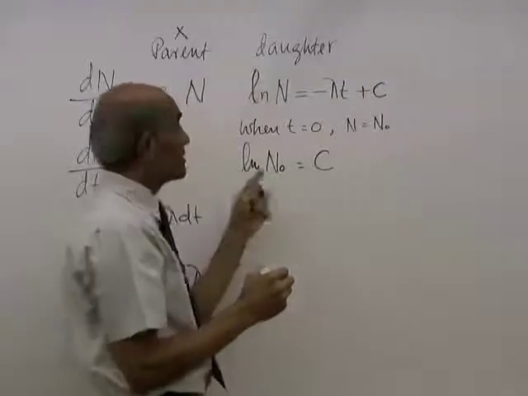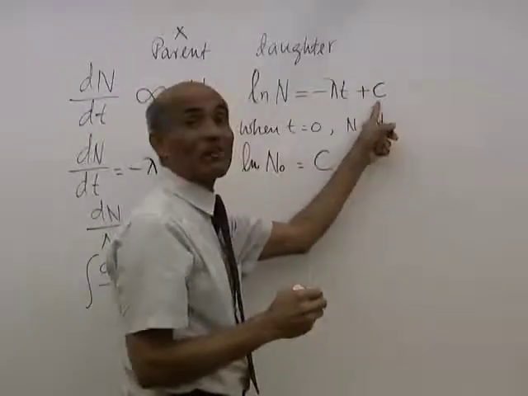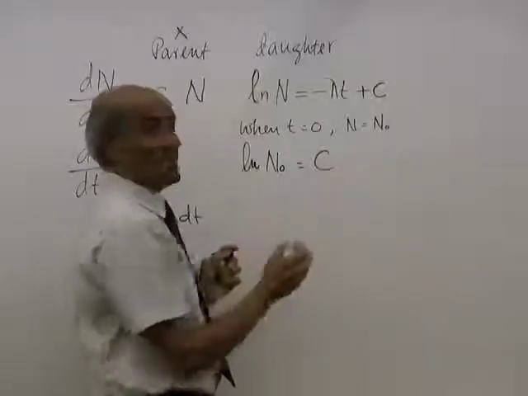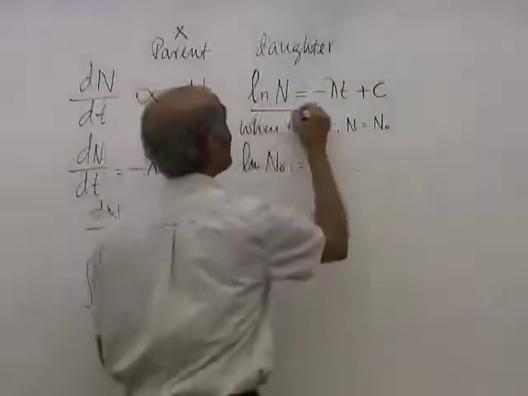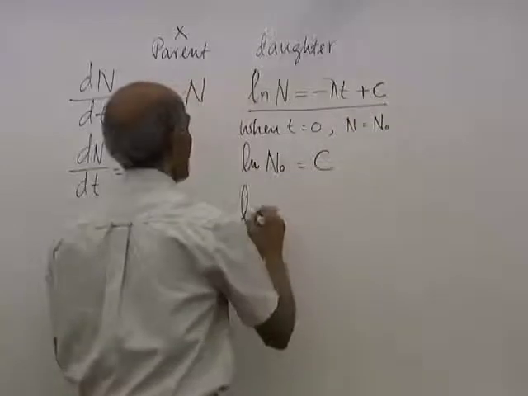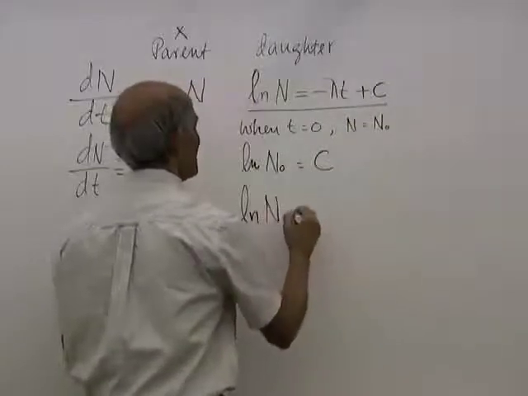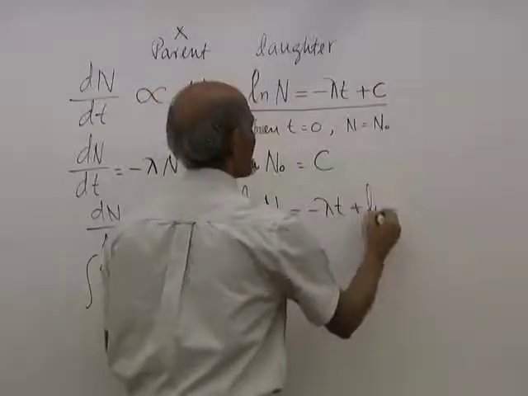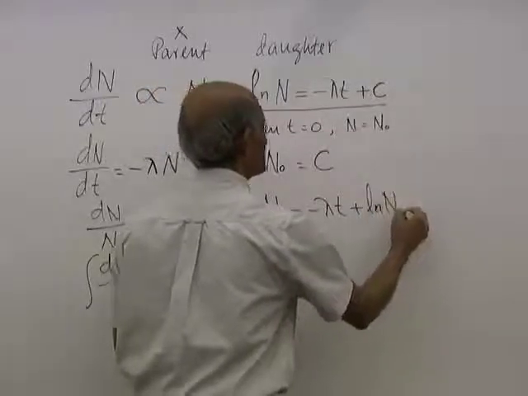What that means is, I can replace this c on the right side by ln n0. Now I can write this equation as ln n equal to negative lambda t plus ln n0.